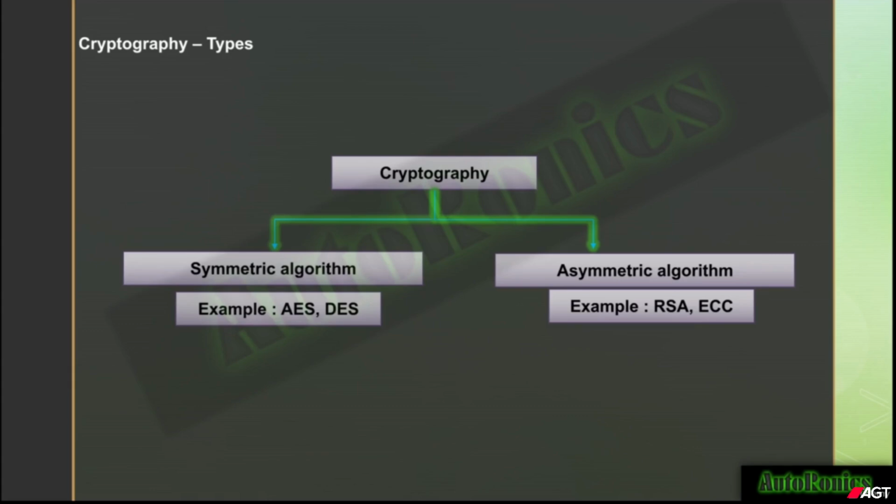The major difference is that the plaintext block is 64 bits in the case of DES, but for AES it is 128 bits, which is double the amount.